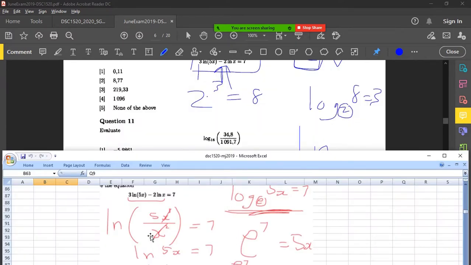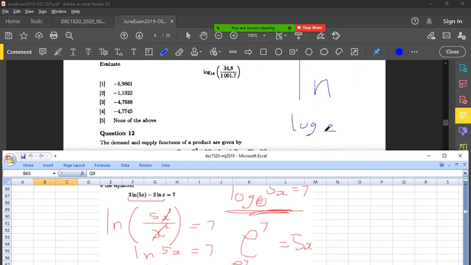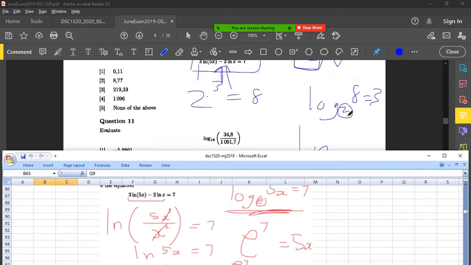So ln 5x, in other words, log e 5x equals 7. If I'm writing it in this format, obviously 5x is the answer. So I have 5x equal to e to the power 7. That's how I got that.